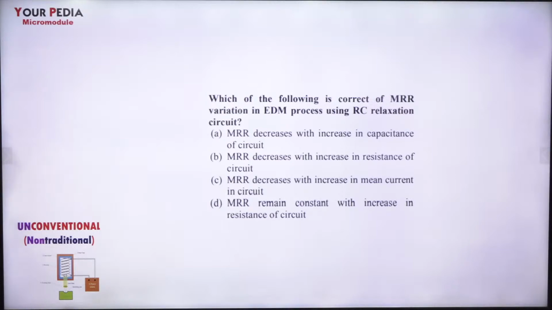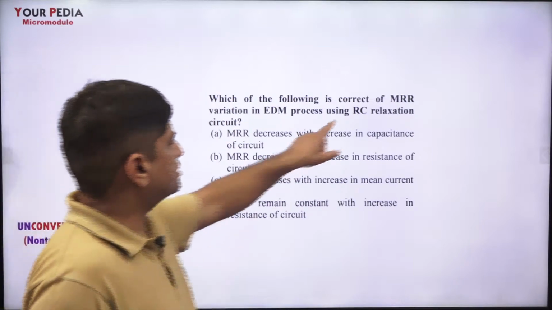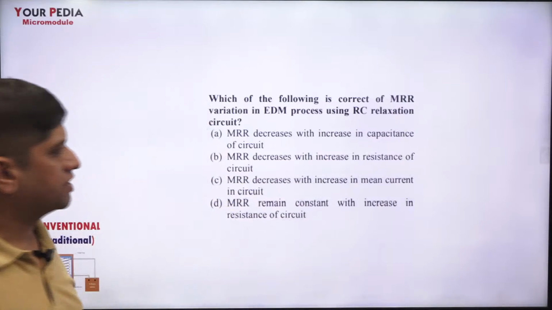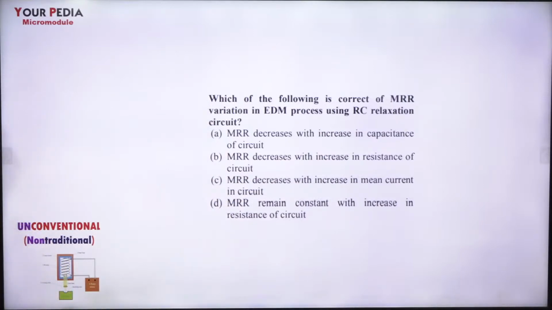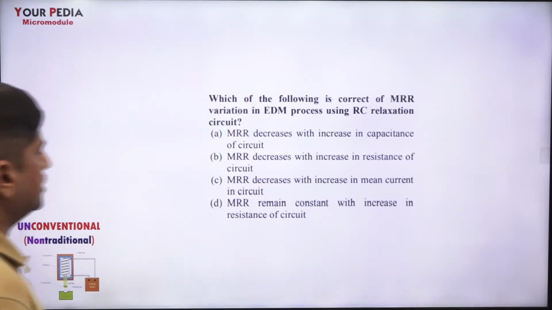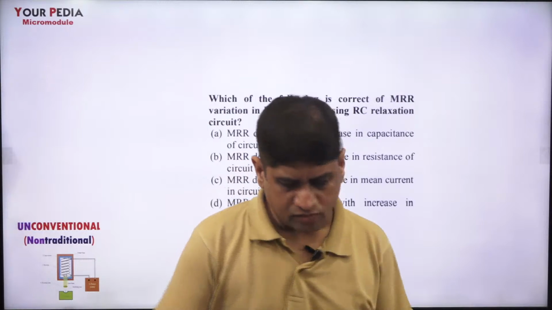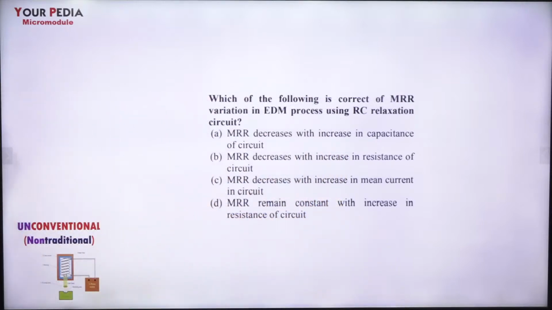Material removal rate in the EDM process. An RC, resistance capacitance relaxation circuit, is used in EDM. Tell me which one of the following is correct for the RC circuit of the EDM process.